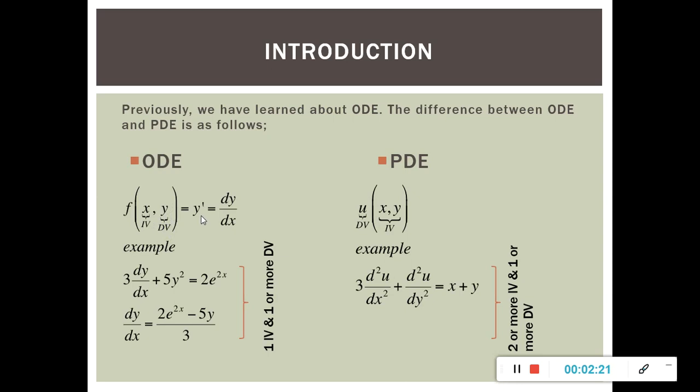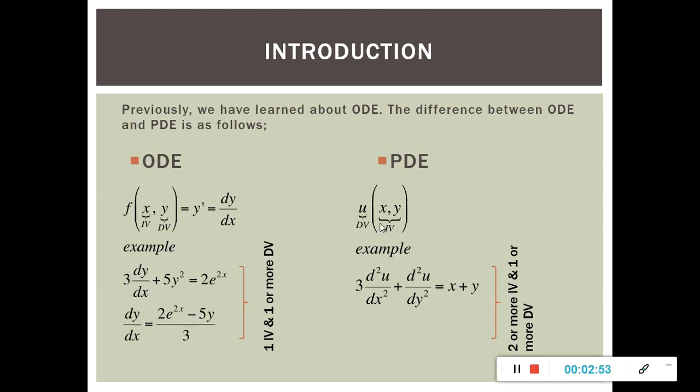The derivative of the function f(x) can also be written as y prime, dy over dx. Those are examples of how we can recognize whether an equation is an ODE or a PDE. So this is an ODE, which only has one level of derivative.